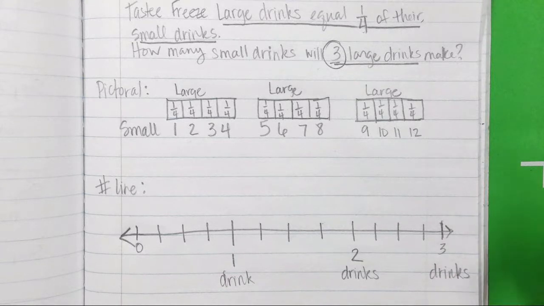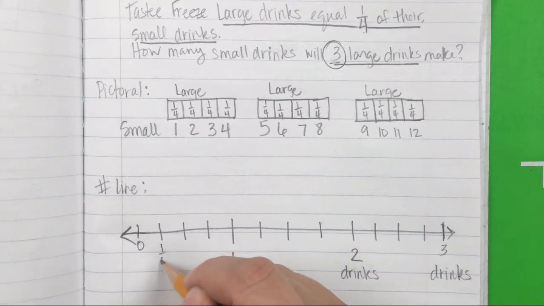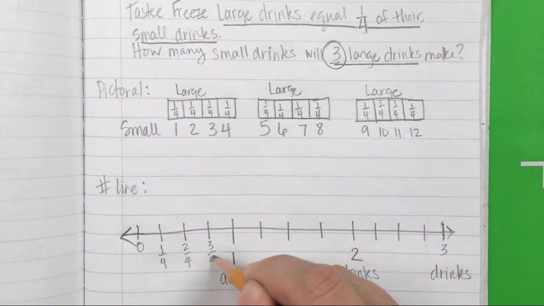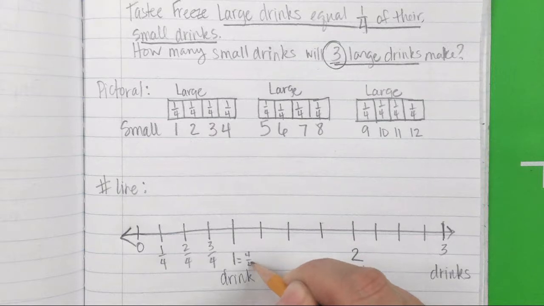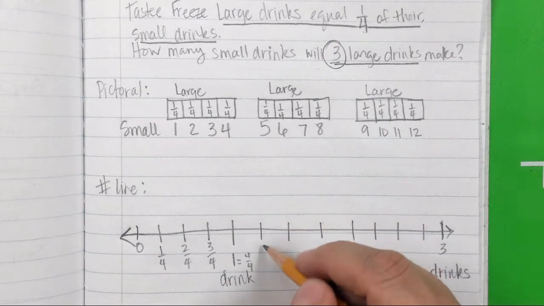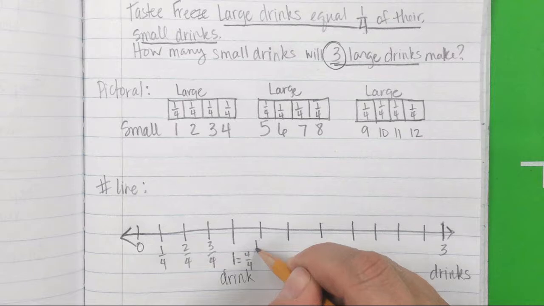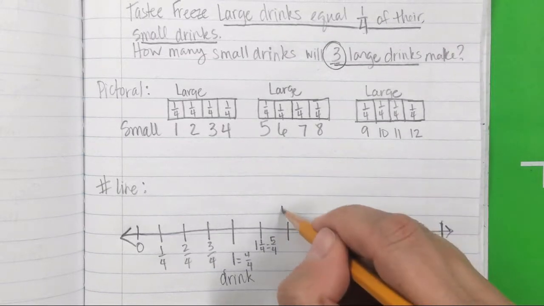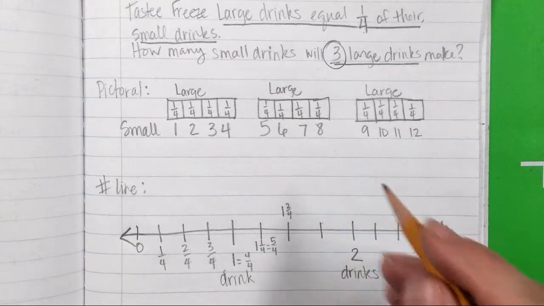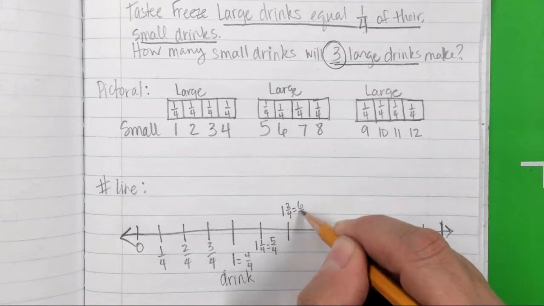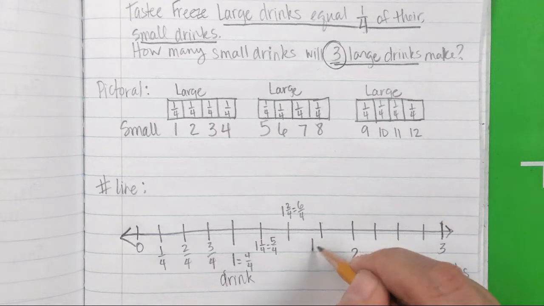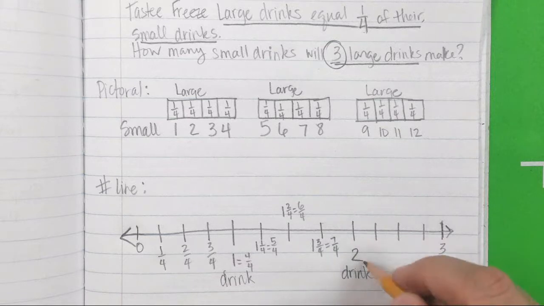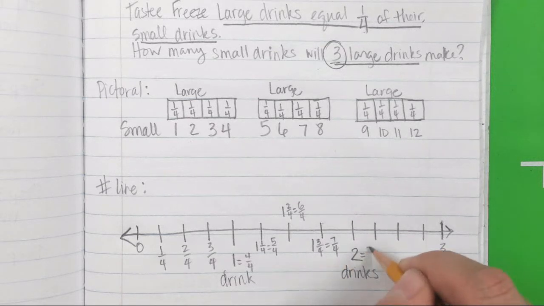Okay? Now, all we do, 1/4, 2/4, or 1/2, 3/4, and then 1 is 4/4, right? Then we got 1 1/4, or 5/4. Then we got 1 2/4, or 1 1/2, or 6/4. Then we have 1 3/4, or 7/4, right? And then 2 is going to be the 8/4.